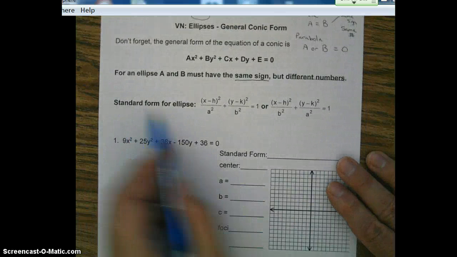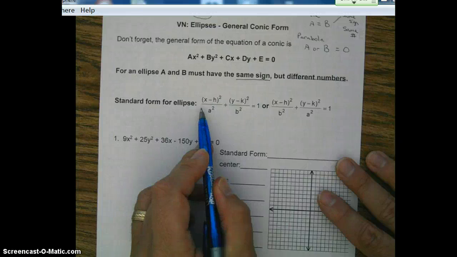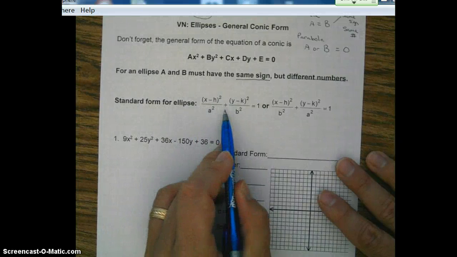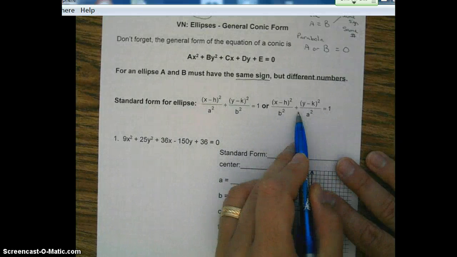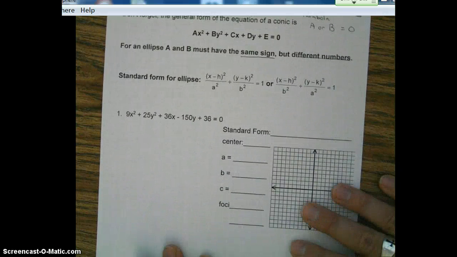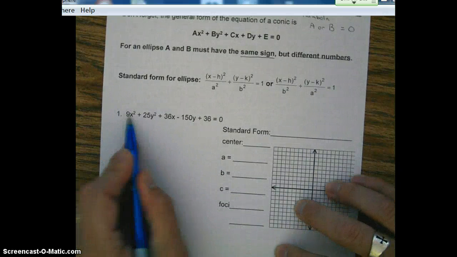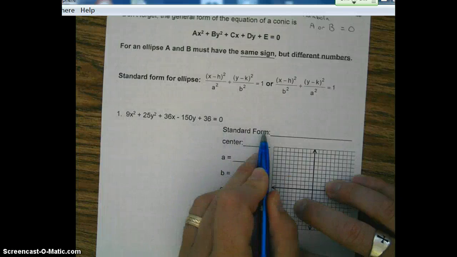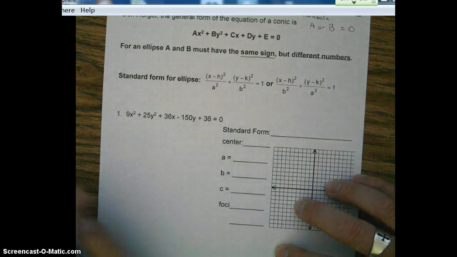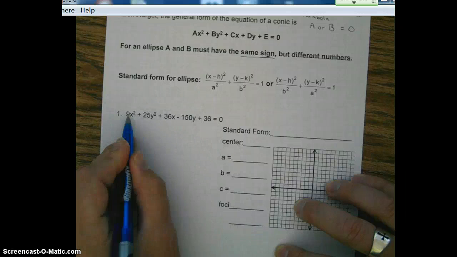Okay, so let's look at standard form for an ellipse. Here's one, and here's the other. First thing we're going to do is we have a general form, and we want to go to standard form, so we're going to pair up our terms.